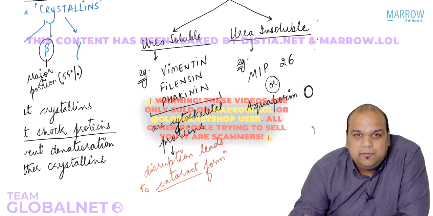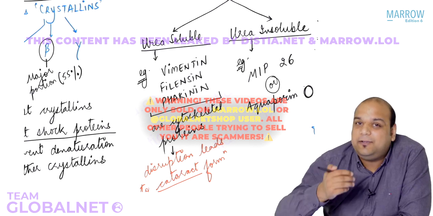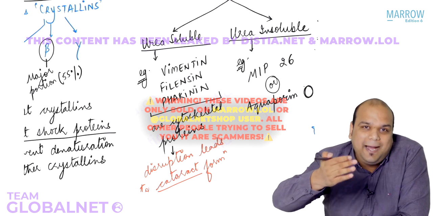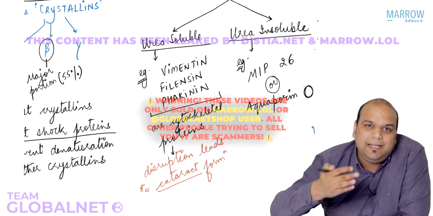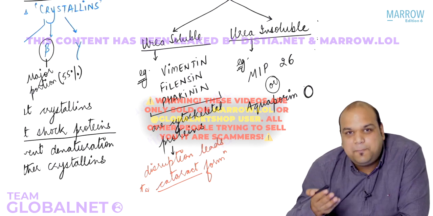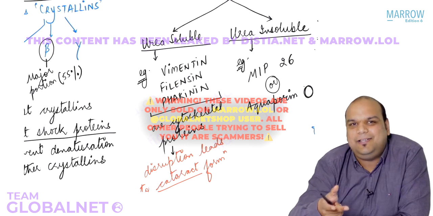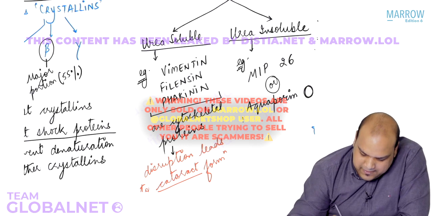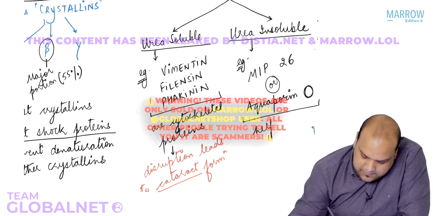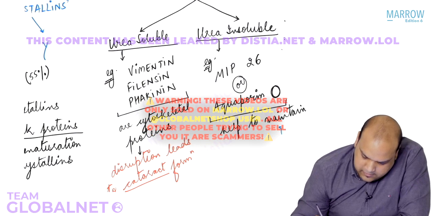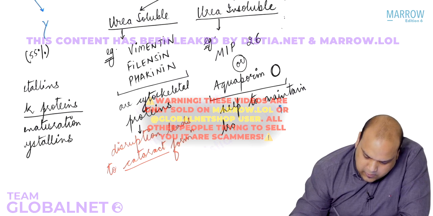As soon as I say the word aquaporin, you understand the function. Yes, aquaporins are water channels. So by moving the water in and out of the lens, what is this protein doing? It is helping to maintain the transparency of the lens.